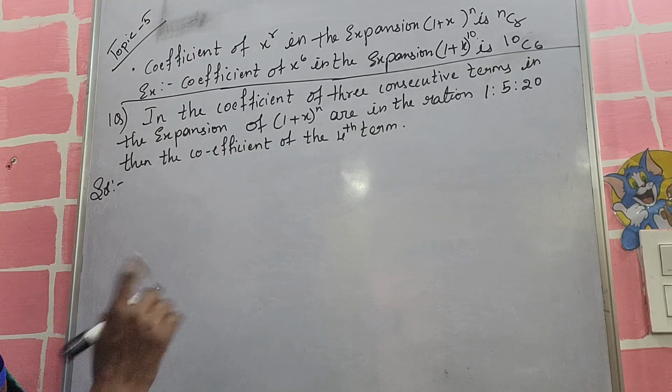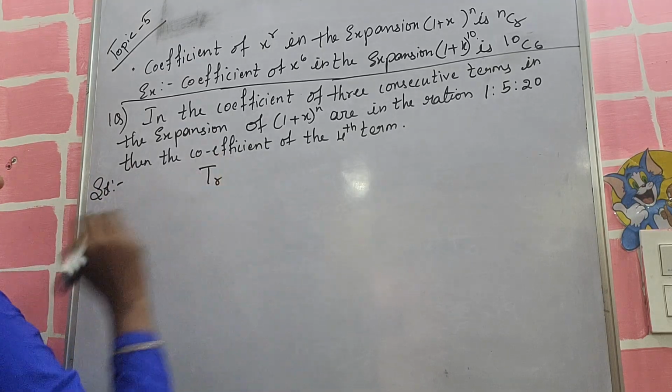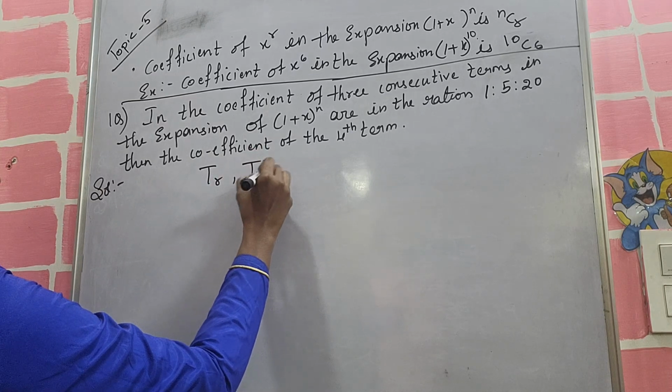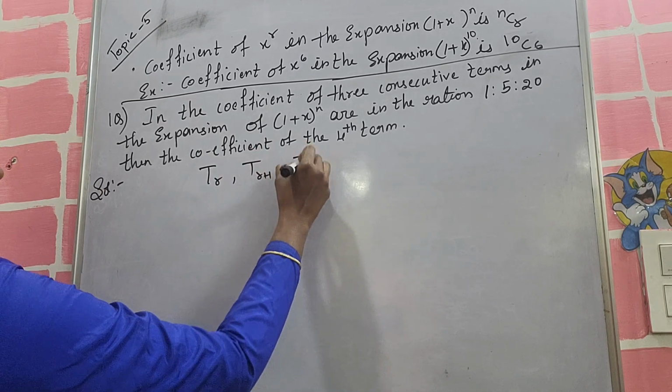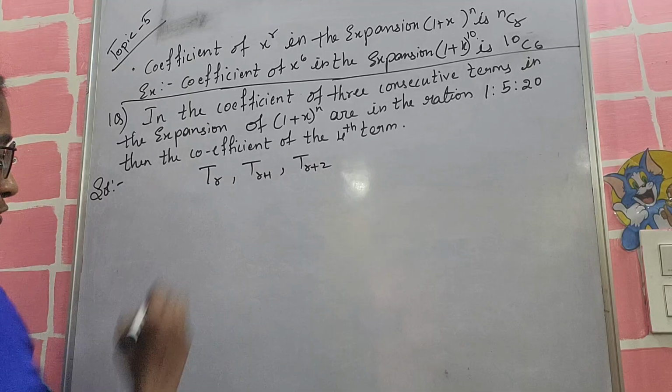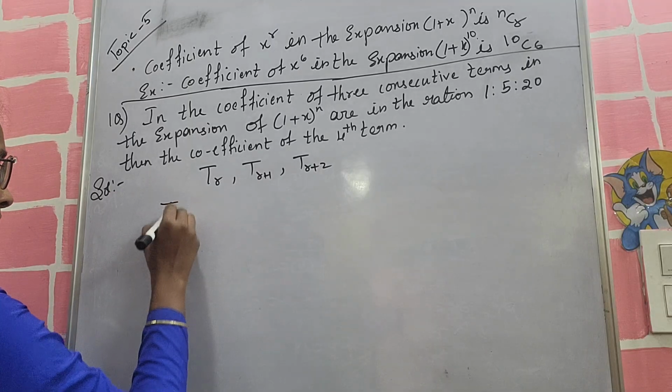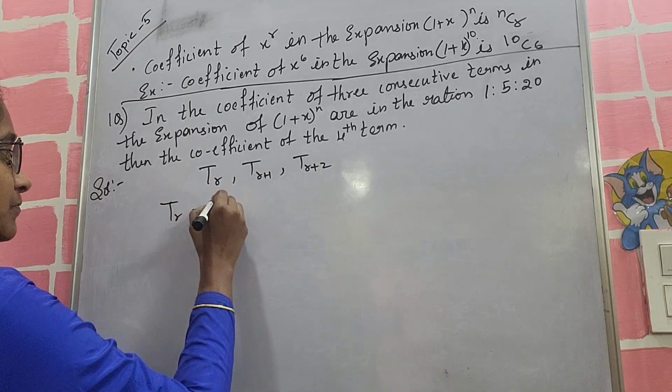So here the first term is Tr, the next term is Tr+1, and the consecutive term is Tr+2. So what is Tr in this?